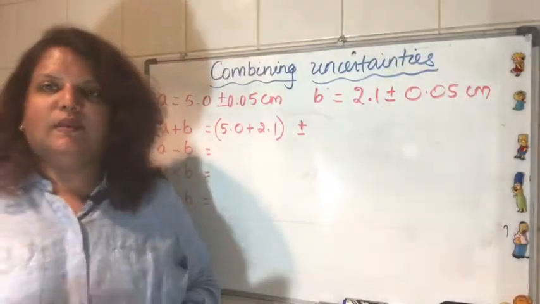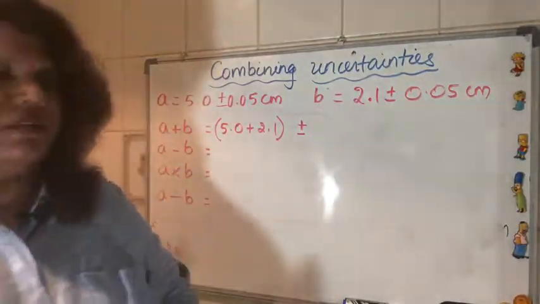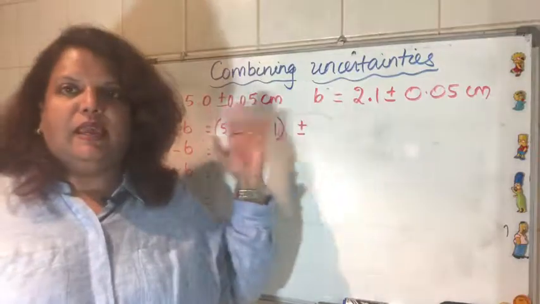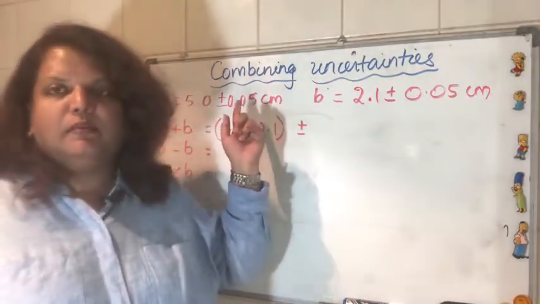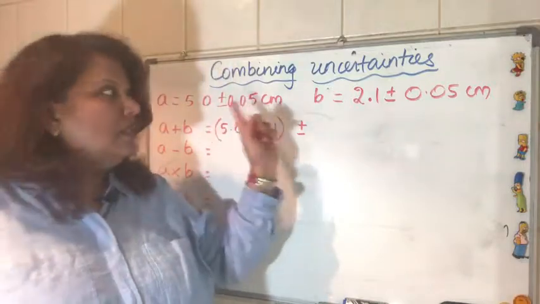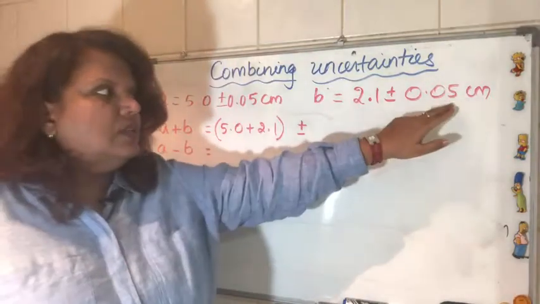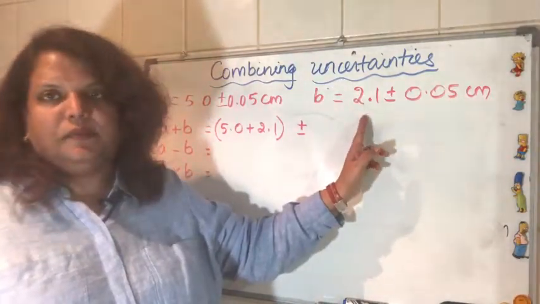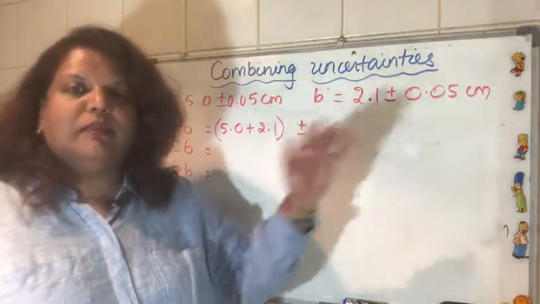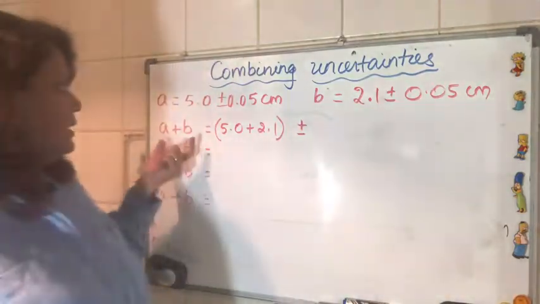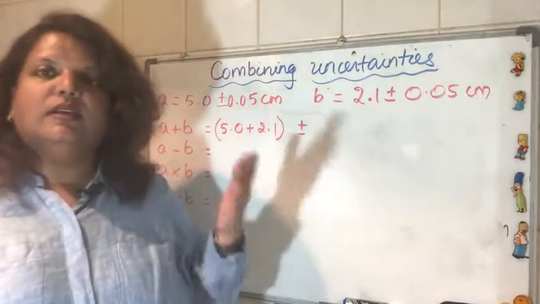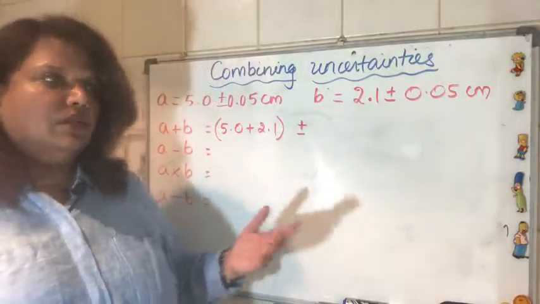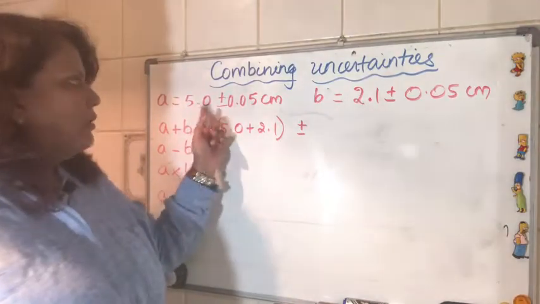All right, we'll see a couple of examples, then hopefully you will understand it better. Now we'll see a very simple example. I've taken two readings, A and B. Now A is the reading 5, and plus or minus 0.5 is the absolute uncertainty for this reading. Okay, now let's see how to combine them in calculations. Say for example, if you have to do A plus B, you're actually trying to add both readings or quantities. As I said, the operation should be the same.